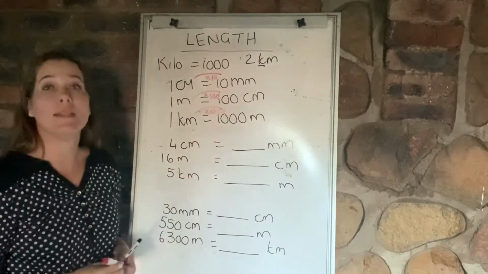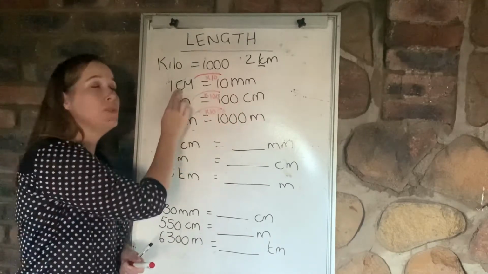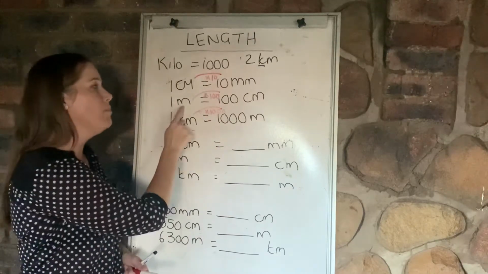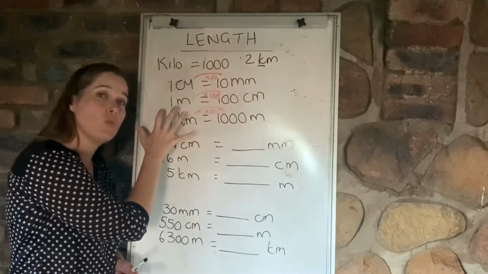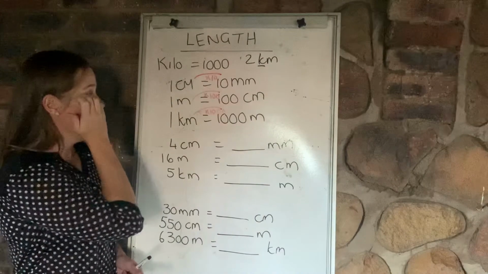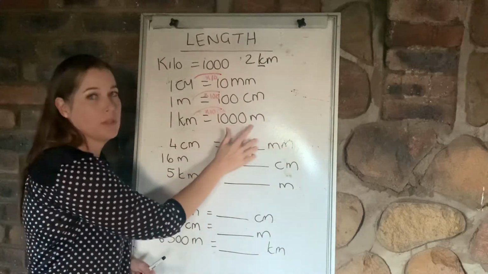So, 1 centimeter is 10 millimeters, which would mean that 2 centimeters will be 20 millimeters. 1 meter is 100 centimeters, so 5 meters would be 500 centimeters. If it was 2 kilometers, it would be 2,000 meters.